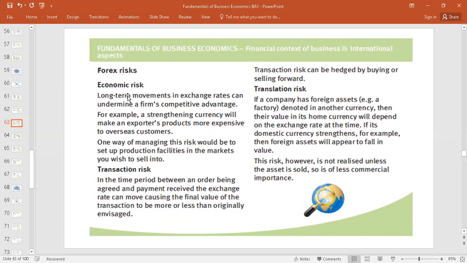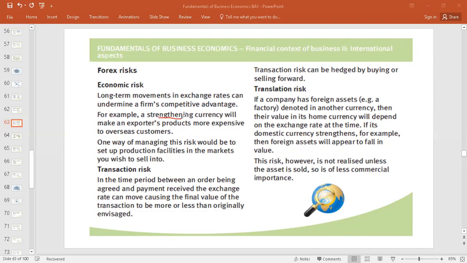If the local currency has strengthened, whenever they export, they would receive less amount of domestic currency. If the local currency has weakened, then that will have an impact on the imports.